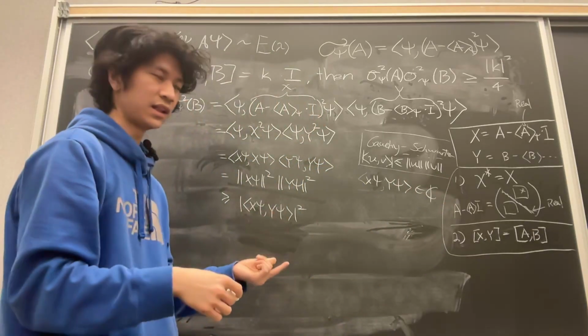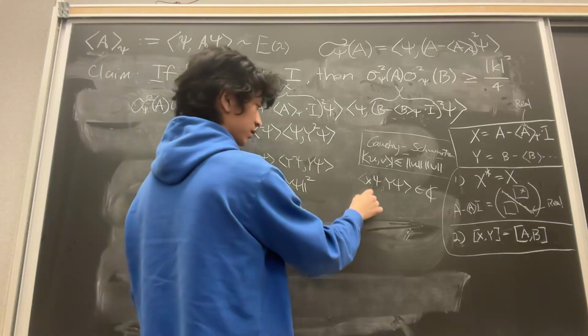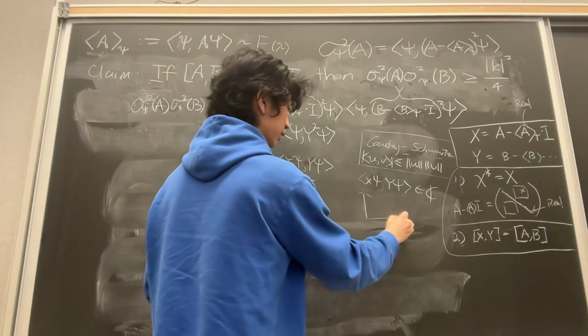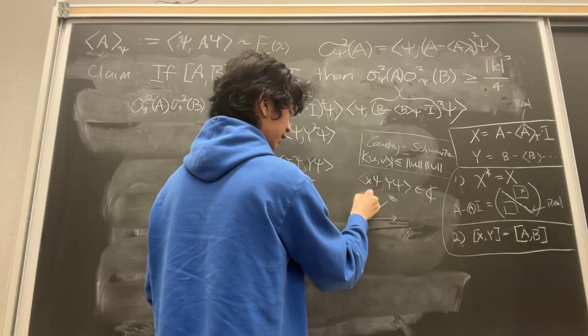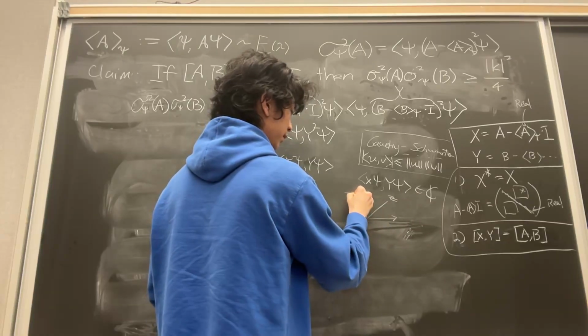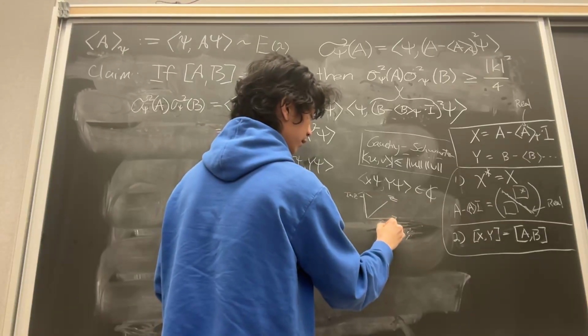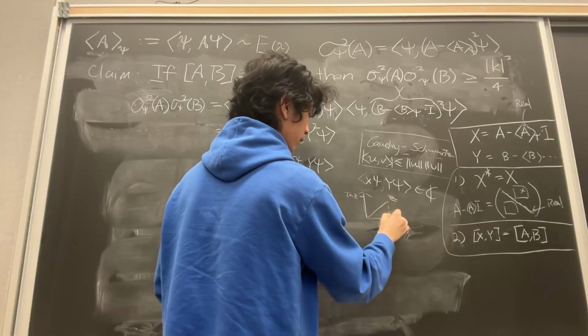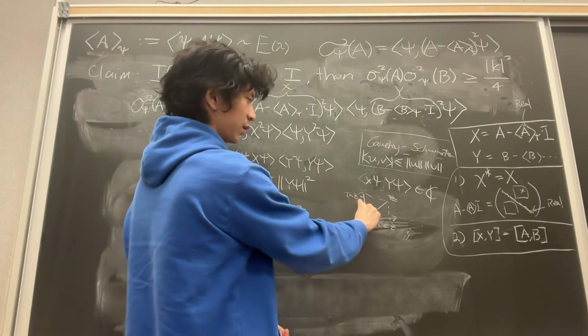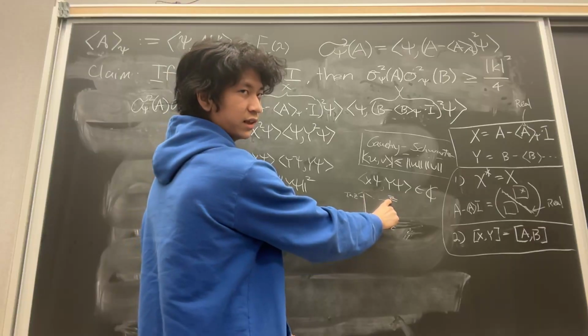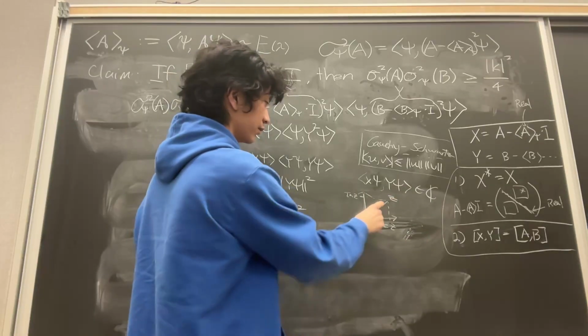What we can do is use something well known about complex numbers. Just suppose this is a complex number, z. This is the imaginary part of z, this is the real part of z. From Pythagoras, you can see that the imaginary part must be smaller than the length of the vector itself.